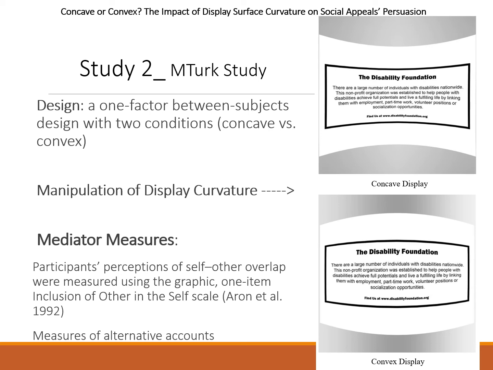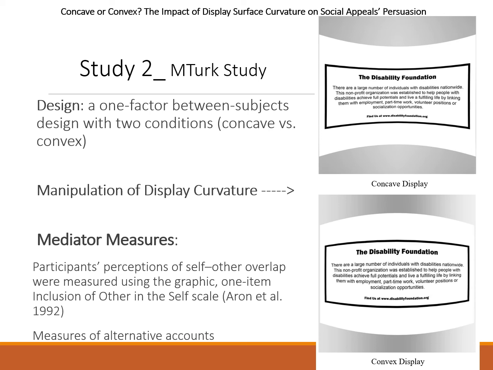We employ a one-factor between-subjects design with two conditions, concave and convex. Again, we test our predictions in a nonprofit setting with another charitable social appeal. Participants viewed an image of a charitable appeal displayed on a curved wall, either concave or convex.